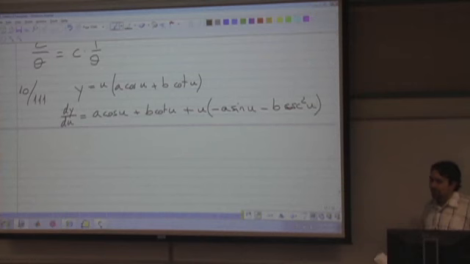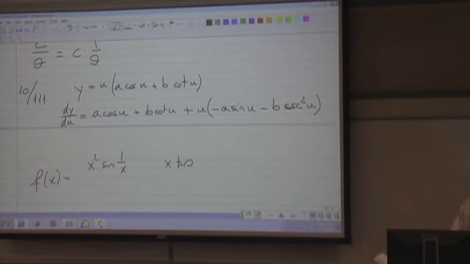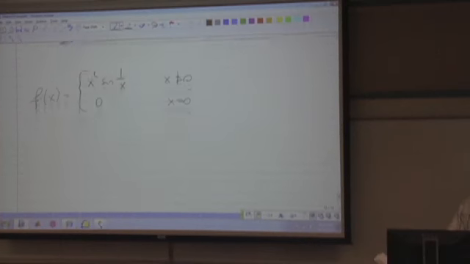One thing I should point out is that the fact that sine of 1 over 0 doesn't make sense will not be a sufficient reason to say that the derivative doesn't exist. If I give you a function f of x equals x squared times sine of 1 over x when x is not 0, and 0 when x is 0, would f prime of 0 exist?